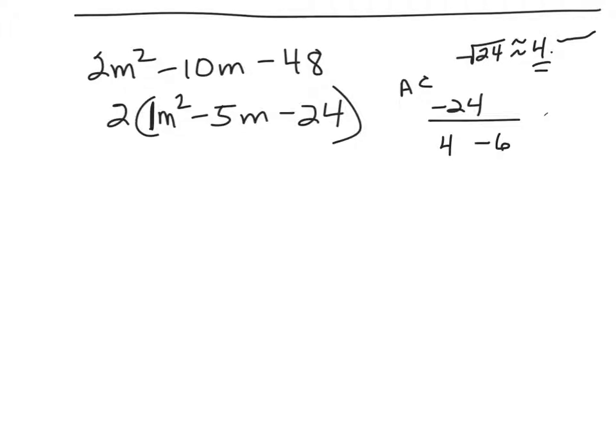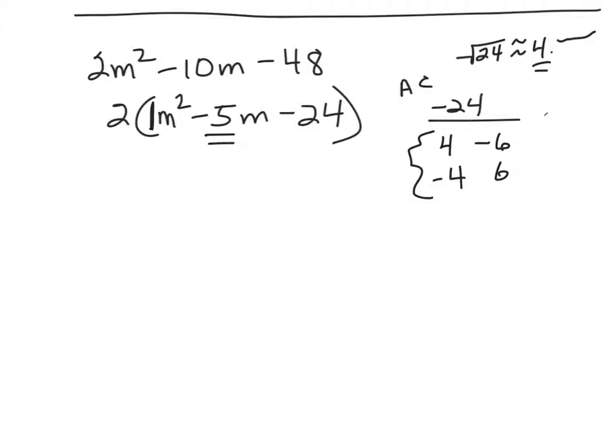So to get negative 24, I could either take 4 times negative 6 or negative 4 times 6. Now what we're looking for is the combo that adds up to this middle term here, negative 5. Neither one of those do. They add up to negative 2 and positive 2. So we're going to have to find other factor pairs for negative 24.